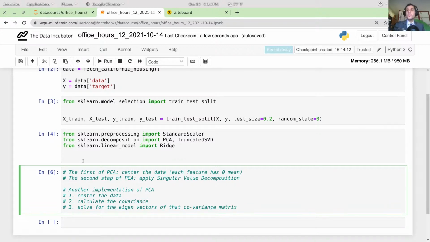So there's more than one way to implement PCA, more than one algorithm to calculate those principal components. They both should get you the same answer, but typically the SVD approach has been shown to be more efficient and faster, so it's preferred. So underneath the hood, scikit-learn is going to implement this algorithm to calculate those principal components.